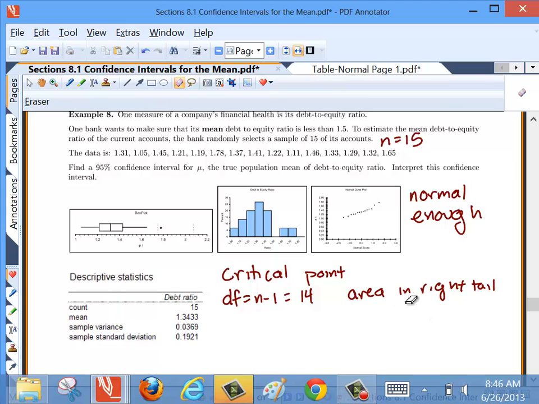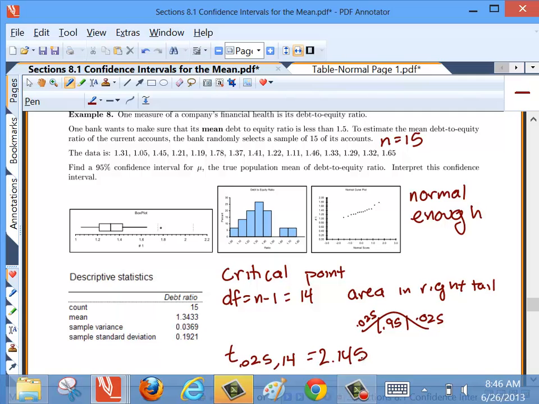We want a 95% confidence interval, so we want 0.025 in each tail. For a z distribution, it would be 1.96, but the t lets us have a little more flexibility for our sample size. So we need to look up our t point with 0.025 in the right tail and 14 degrees of freedom. That's the notation they're using. What is it? Okay, so 2.145.